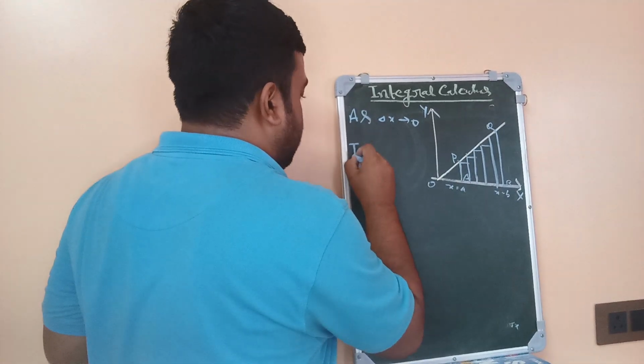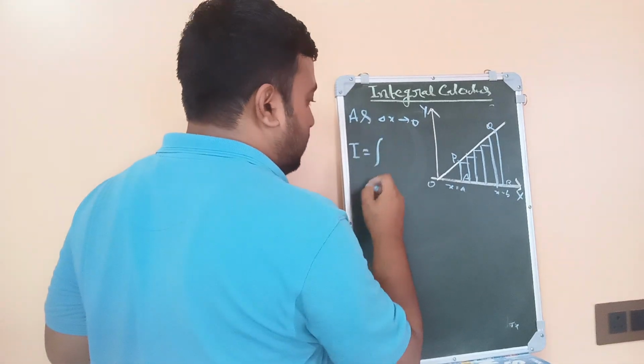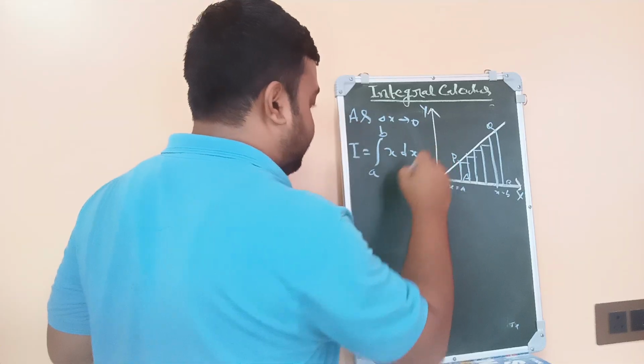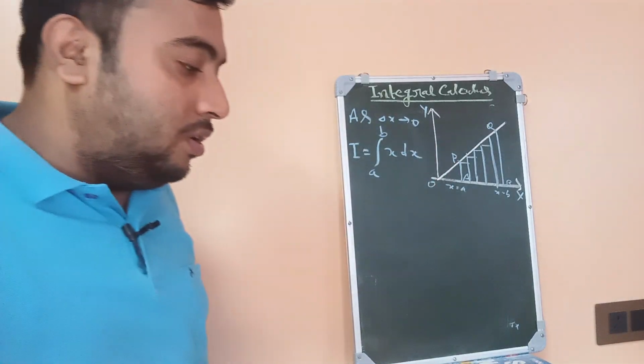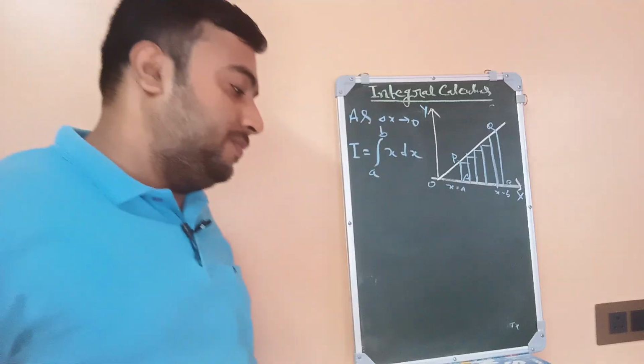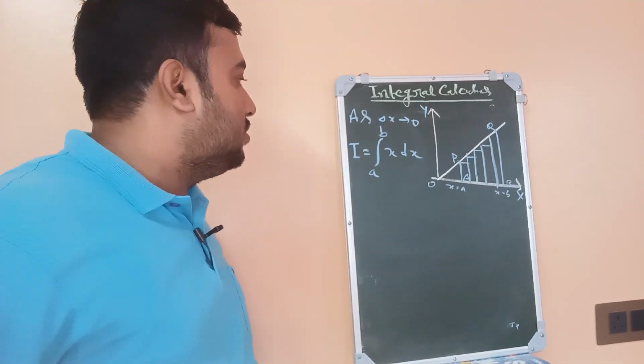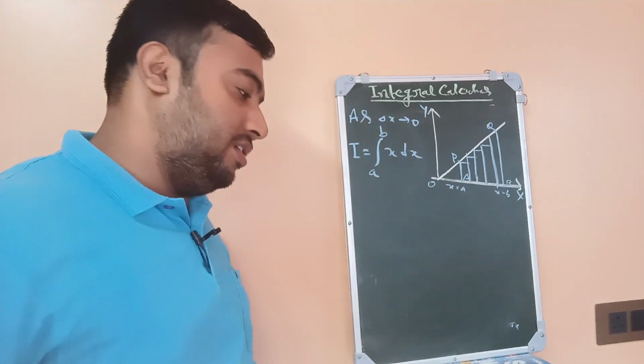So that is I = integration a to b x dx. Okay, I = integration a to b x dx.